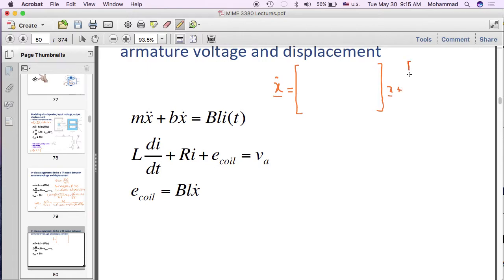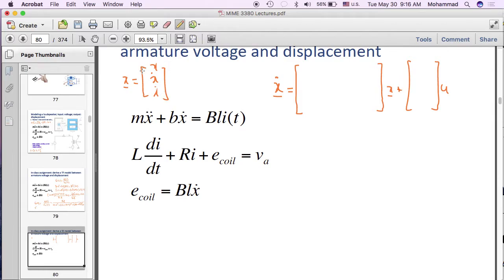And this is going to be a 3 by 1 vector. Okay, so row 1 of that equation, we already decided that x is going to be made of position, velocity, and current.